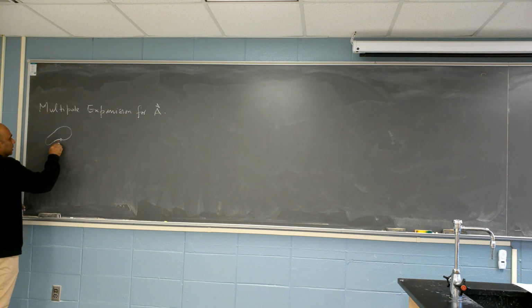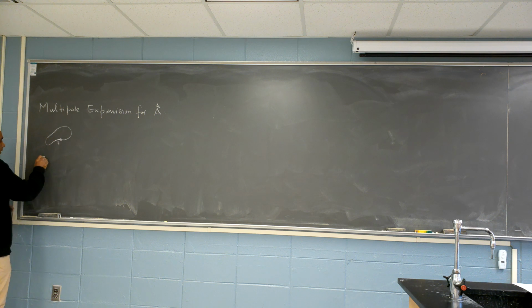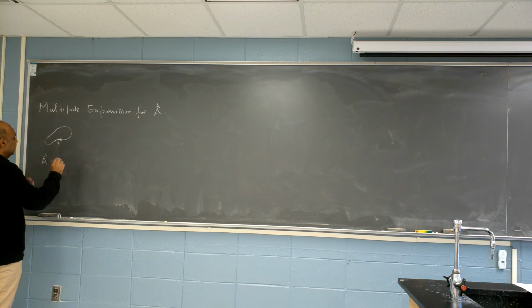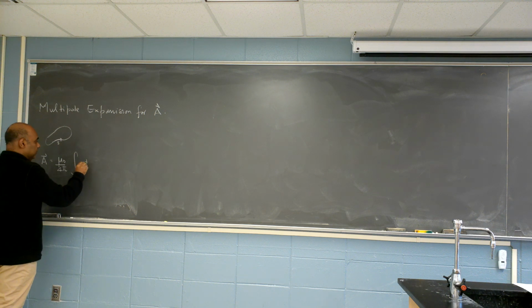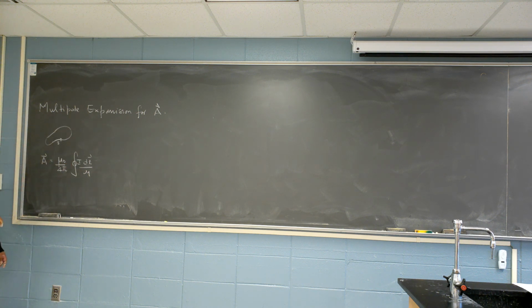So we have some I, and the magnetic vector potential is given by, correct? In some sense, this is not very difficult. We've seen this before. We just need an expansion of this guy.